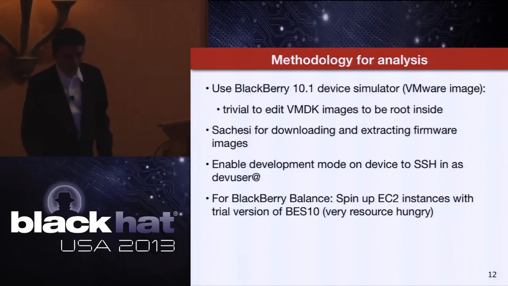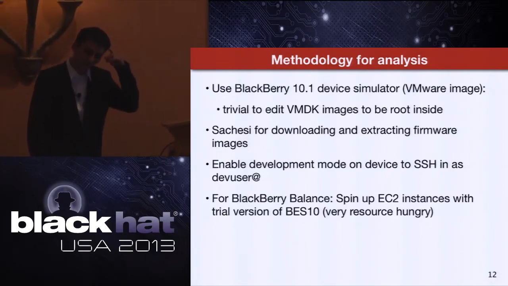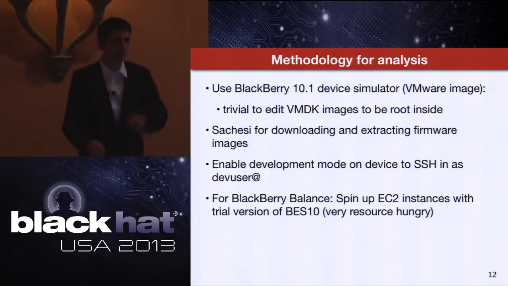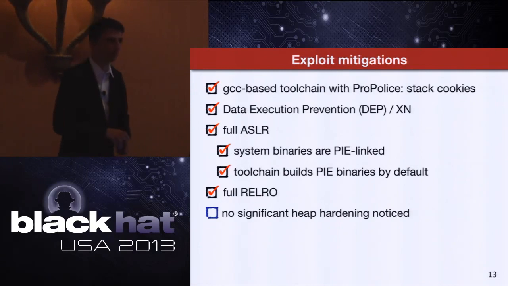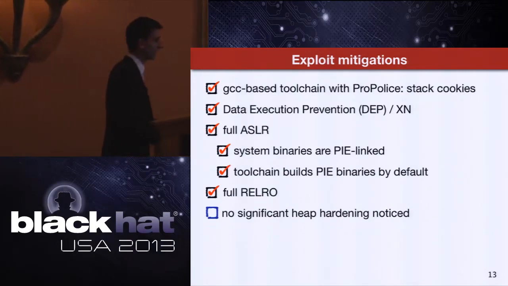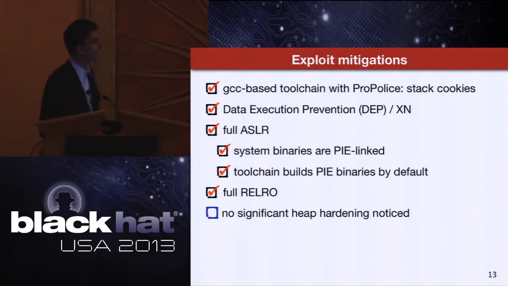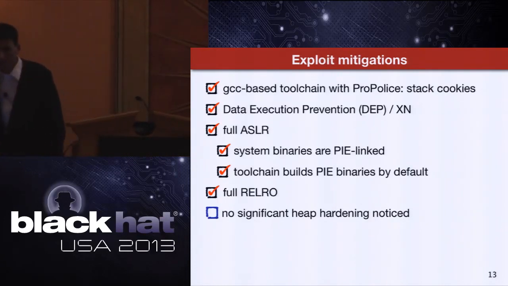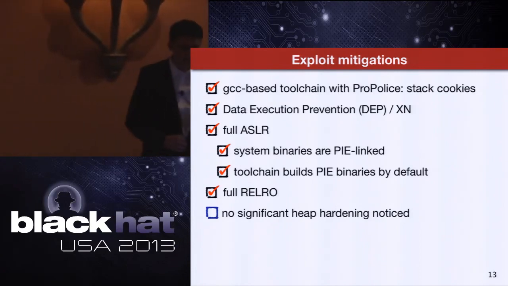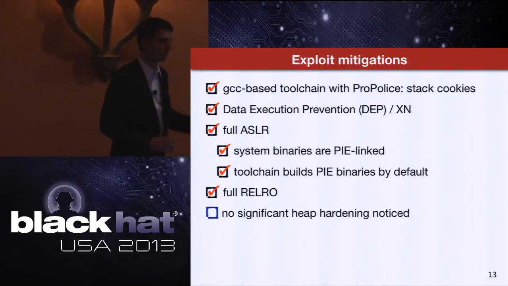Okay, so after I had done that, the next step, because I really care about memory corruptions, I had to look at the exploit mitigations on the platform. And they're actually quite good, except for one thing. So they have a toolchain with ProPolice built in. They use data execution prevention, so the XN bit on ARM.